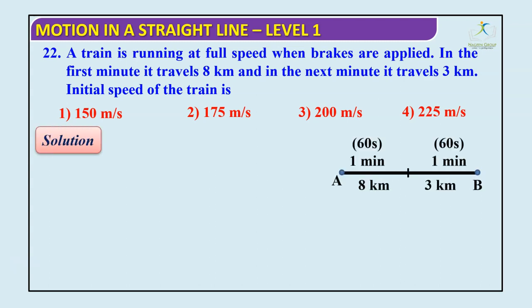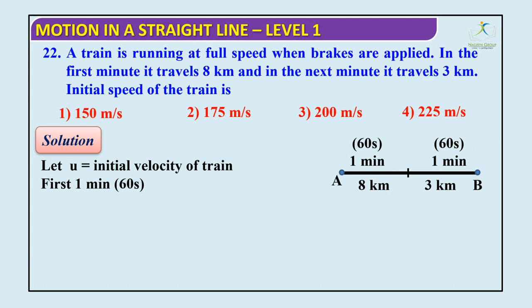So the solution of this question is, from A to B there will be 2 steps. In 1 minute it travels 8 km, and in the next minute it travels 3 km. Let the initial velocity of the train be U. S is equal to ut plus half at square.